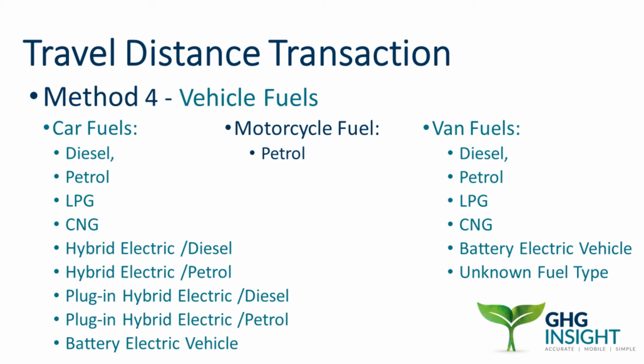The UK government factors make no distinction between 4-stroke and the less used 2-stroke fuels. The fuel types available for vans are diesel, petrol, LPG, CNG, battery electric vehicle, and unknown fuel type.